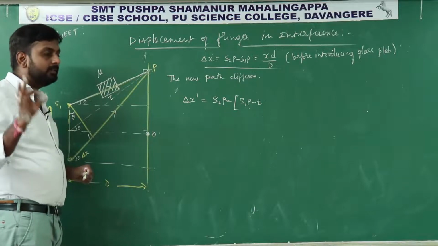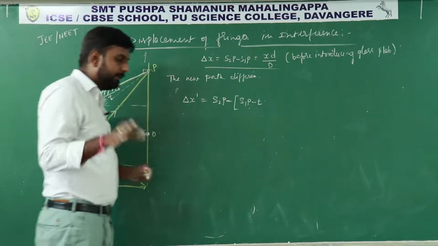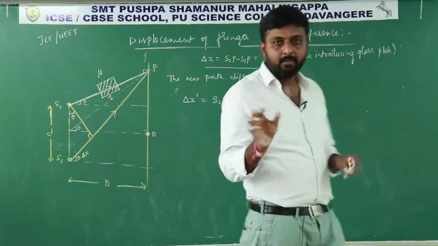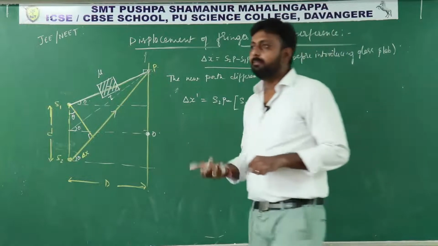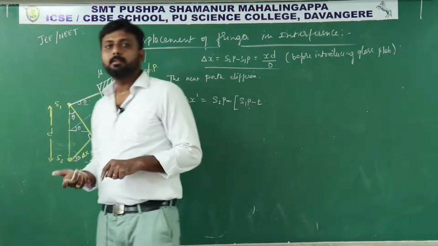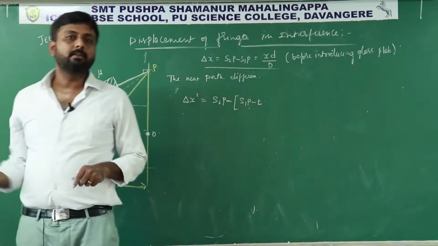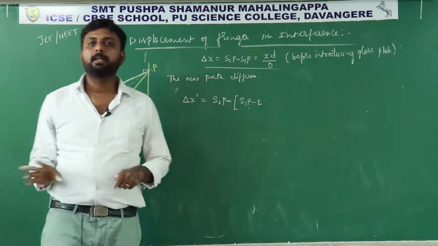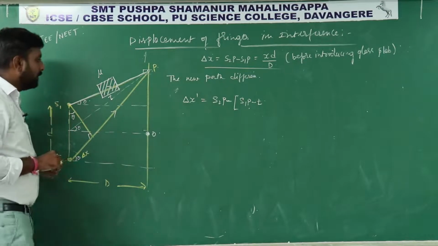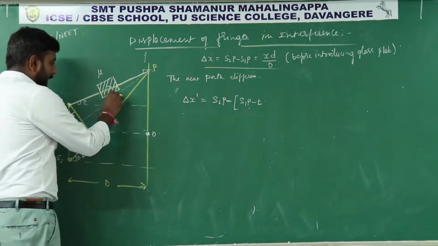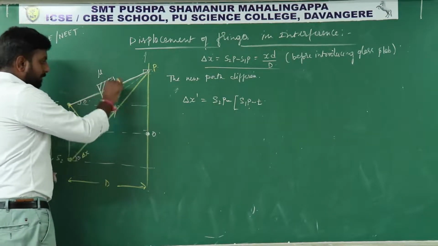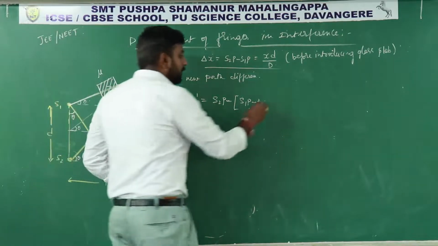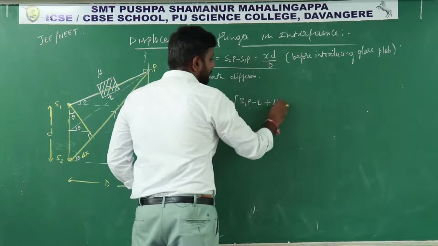In ray optics, in refraction, I explained that if light travels x distance in glass or another medium, then in air medium it would travel mu x distance, and that is called optical path. Here also, t distance in glass medium means its equivalent air distance becomes mu t, so that value we have to write.